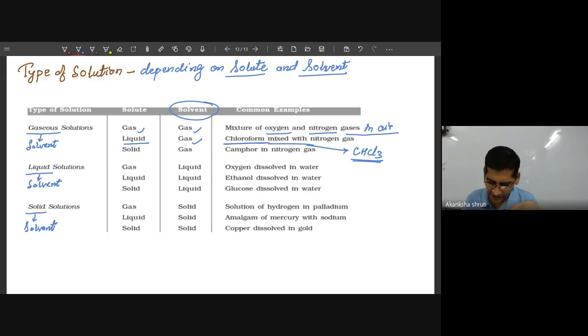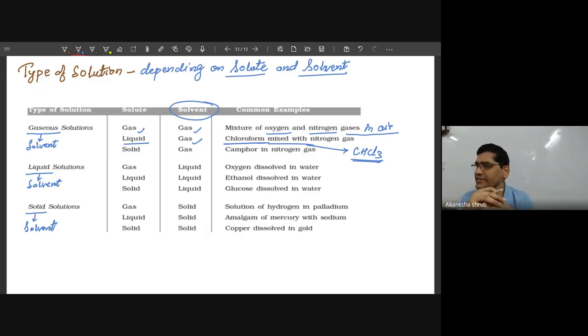Now, solid in gas. Students, the other thing that you may observe: you take an Odonil ball and place it in your bathroom or in your bedroom. You observe that the size of the Odonil ball or the camphor ball is automatically reducing.